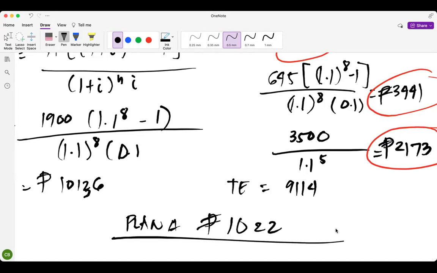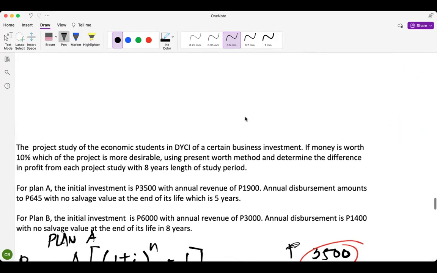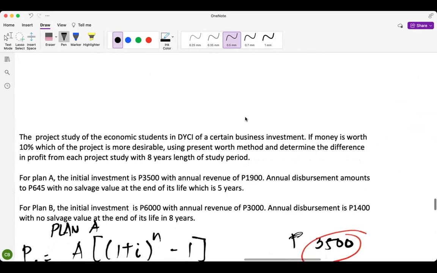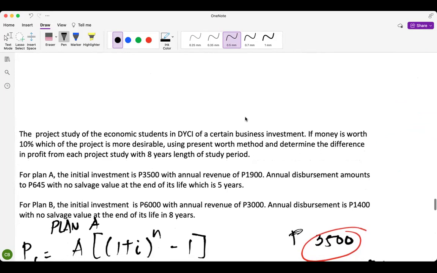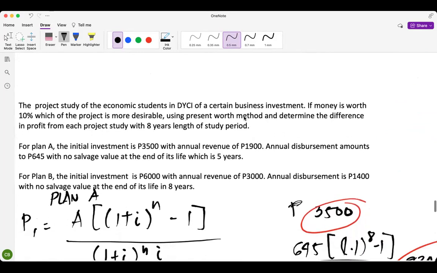So for the second one, plan B. We have 1,400 annual disbursement with no salvage value in 8 years, but we also have an initial investment of 6,000 with annual revenue of 3,000 pesos. Okay.